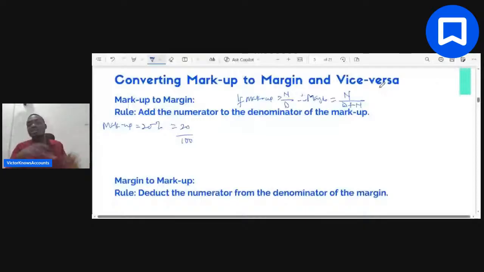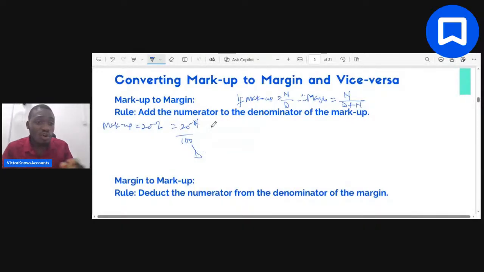All this talk of add numerator to denominator, you might not get it. But if you understand it in terms of number and formula, you are good. Just do numerator over denominator plus numerator. Don't tell me that you don't remember what numerator is. In a fraction, the numerator is the one that is up. So this is our numerator and this is our denominator. The one below the fraction sign is the denominator.